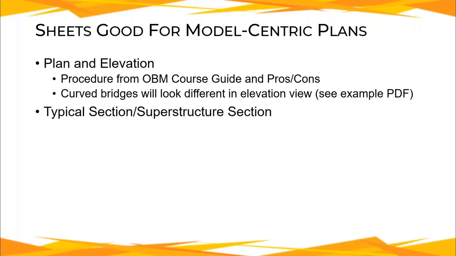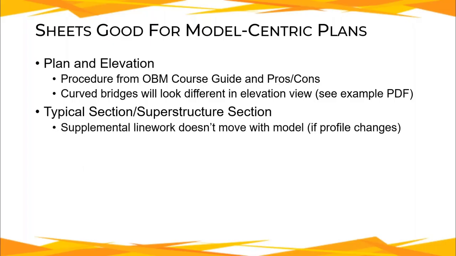All right, so another one that is good for plans production using the model would be the typical section superstructure section here. That's a good one because it's really easy to do and it's very quick, right? You can use the section callout tool, or usually the better one for something like this would be a specific one in OBM that's a section callout by station.